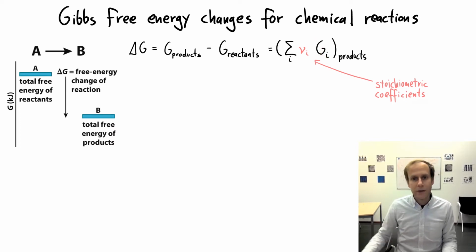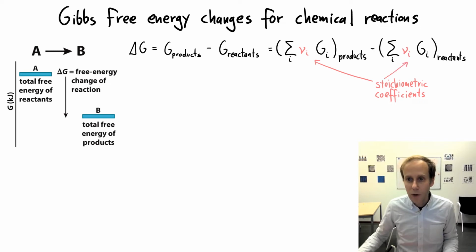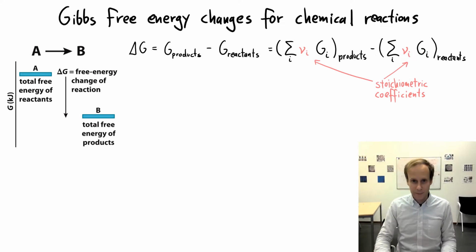Simple as that. The same is used to describe the free energy of the reactants. We again sum over all reactants i and multiply the stoichiometric coefficient with the value of the free energy of each reactant i.